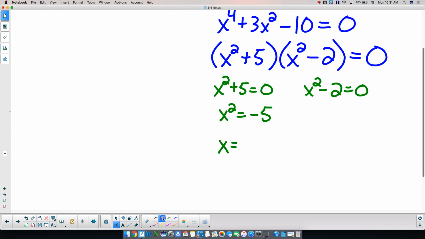Take the square root here, right? Okay. Square root of a negative. What do I got to bring into play? I, right? Okay. And does that make it real or imaginary? Imaginary. Okay. Other thing I got to bring into play is plus or minus.